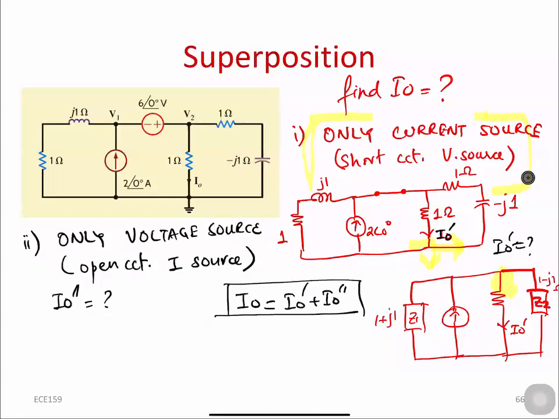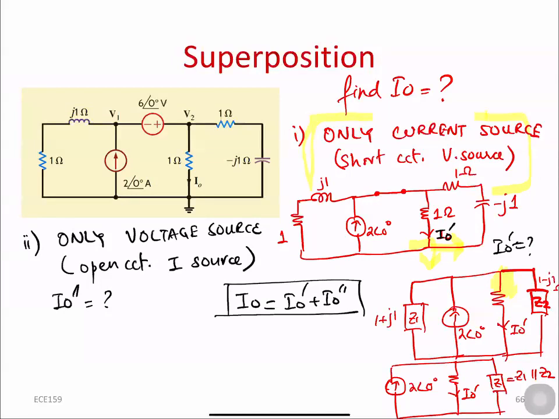So I can simply solve these two parallel combinations to make the circuit even more simplified and have only the simplified version here. 2 angle 0. I have one source which I need to keep because I need to find out this current I naught. And then I have an equivalent impedance here, which is nothing but Z1 in parallel to Z2.